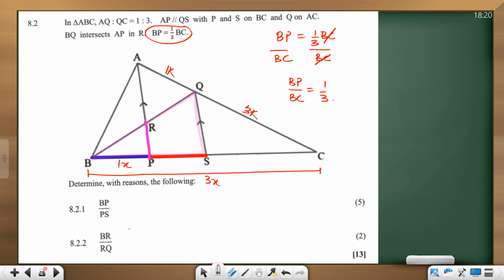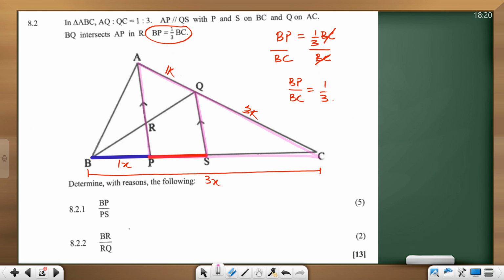But what I now notice is I've got a problem. I don't have any information here. I'm looking for this. It would have been easy if I had this information, because that is in a triangle with two parallel lines. Is there another triangle with two parallel lines? I see this.